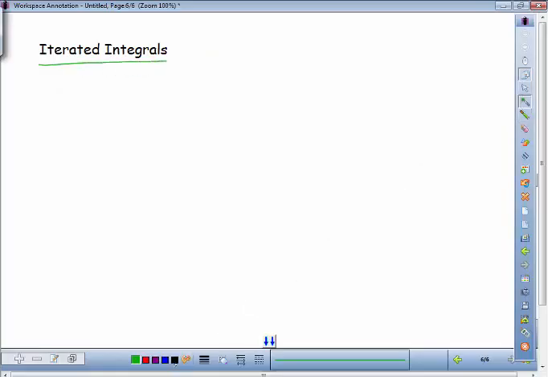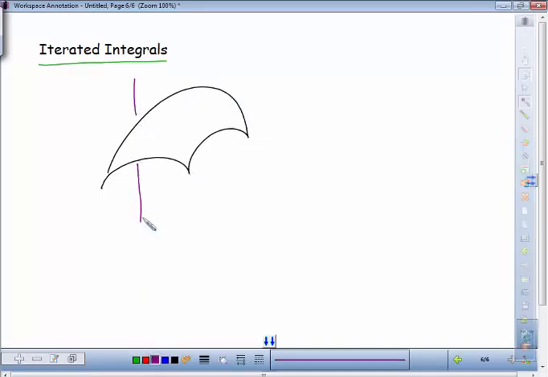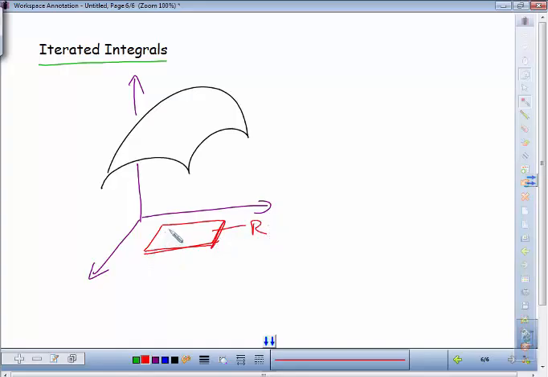So our task is to get our region figured out. I think I'm going to use R now, since they used R. Our task is to get our region figured out and then take advantage of the functional methodologies that we've been using before.